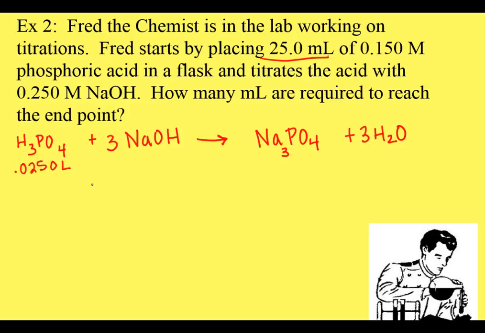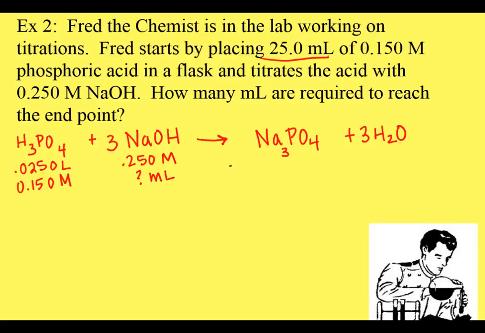We also know that is 0.15 molar. The sodium hydroxide has a concentration of 0.25. And we are asked to find how many milliliters of base are required to reach the endpoint.